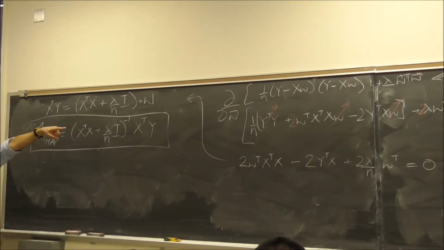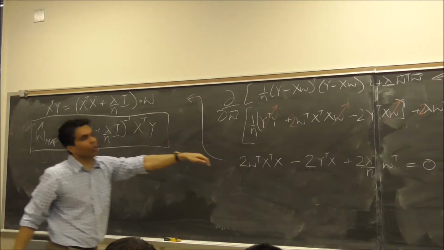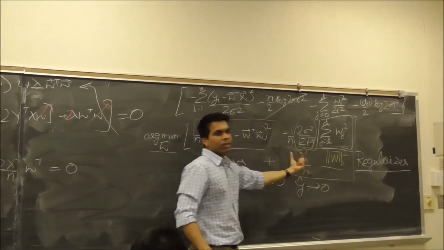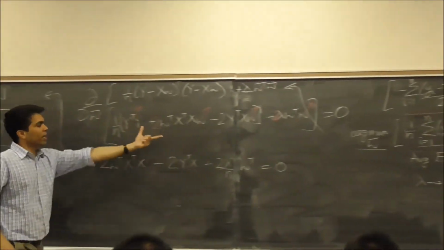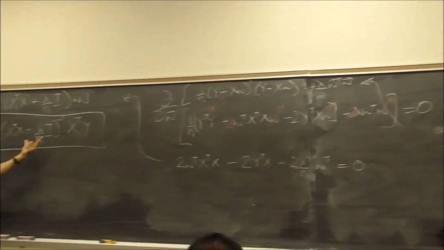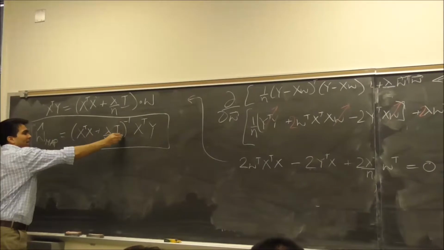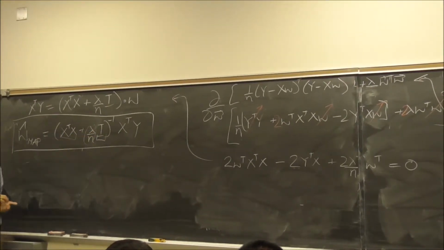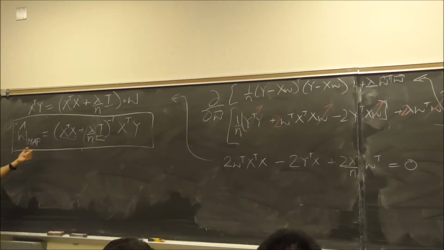So that extra term we added, compared to least squares fitting. This was least squares fitting. This is the extra term that got added. It shows up in the gradient and it shows up right here. It ends up adding an identity matrix to this x transpose x with a multiplier lambda by n. So this is not a pseudo inverse.